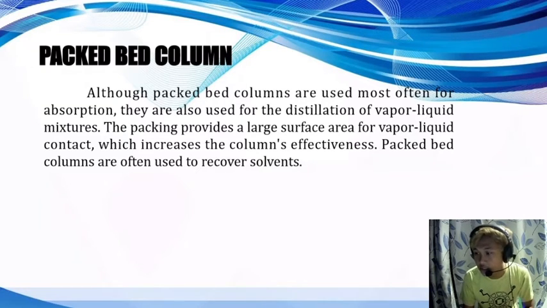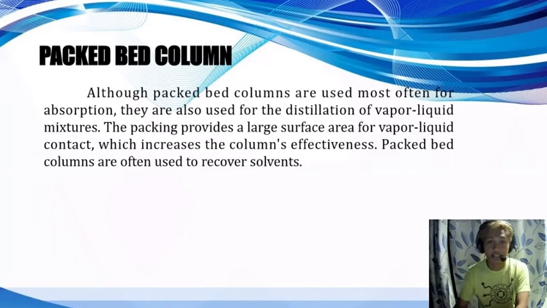Packed beds are typically columns filled with a packing material that allows fluids to flow from one end to another. Electrical tomography may be used to observe the distribution of liquids at different cross sections of the vessel, or indeed the flow pattern throughout the packed column. The packed column is used in the petrochemical industry.